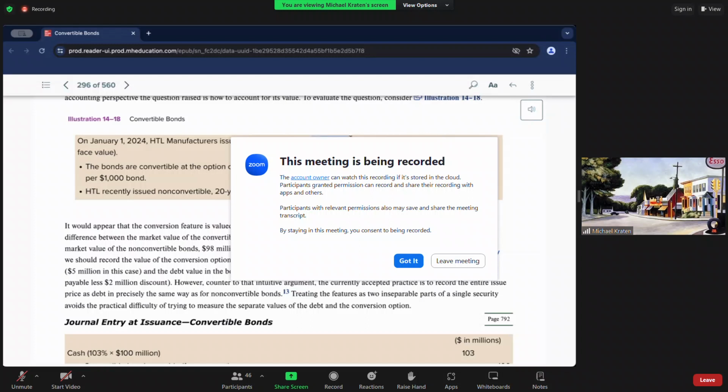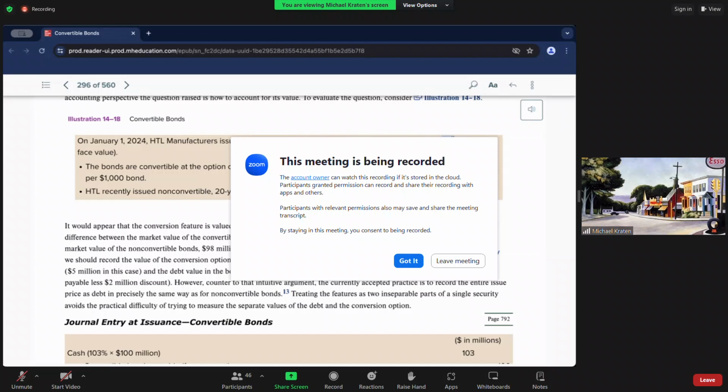Now, this 103 has nothing to do with the fact that the loan is convertible to equity, to stock. It has nothing to do, the 103, with the fact that it's a debenture, meaning there is no collateral.